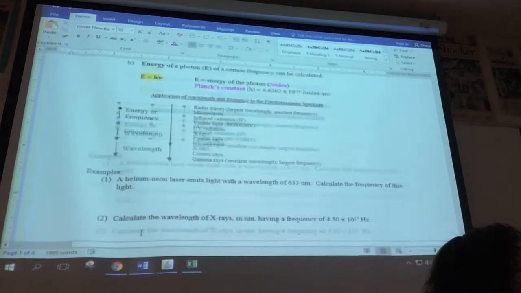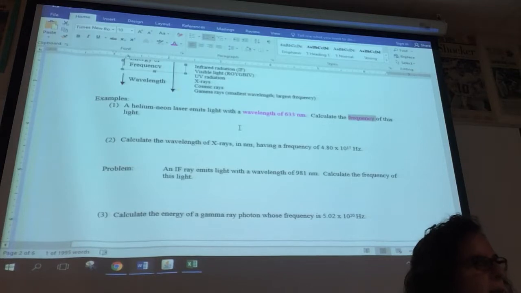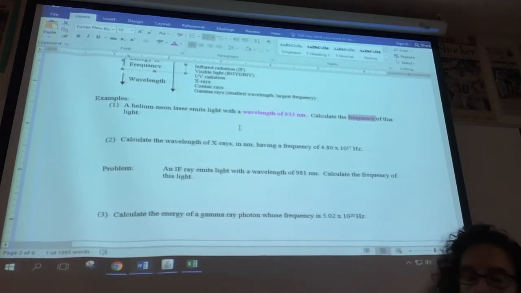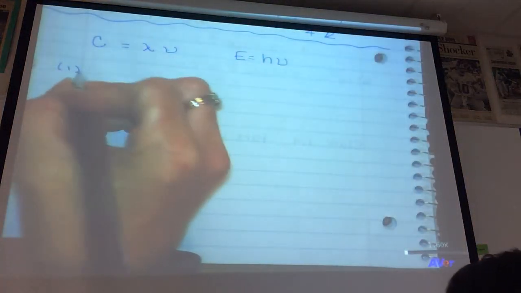The first problem says that a helium neon laser emits light with a wavelength of 633 nanometers, and we want to calculate the frequency of this light. Whenever I see a word problem, I read through it carefully and I pull my variables out.